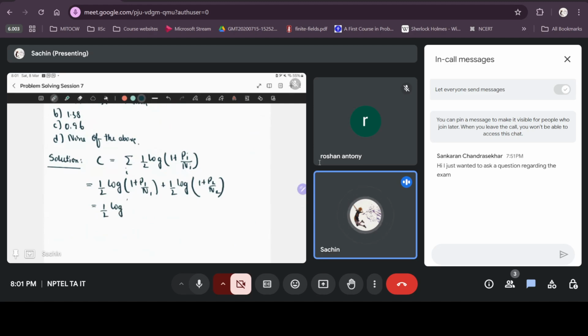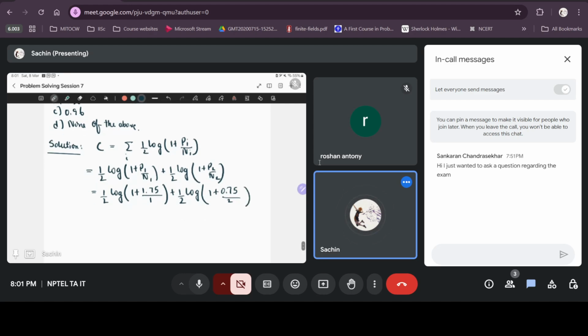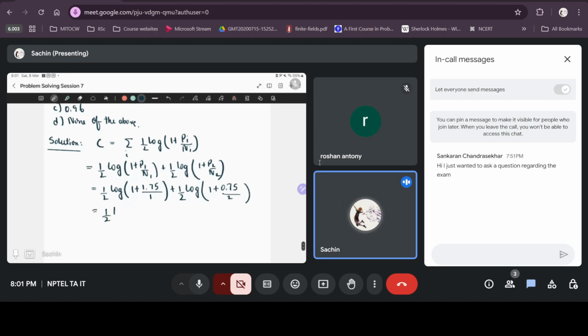P1 over N1 is 1.75 divided by 1. P2 over N2 is 0.75 divided by 2. This is half log of 2.75 plus half log of 1.375.